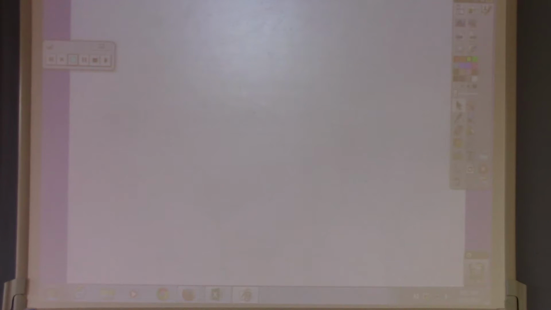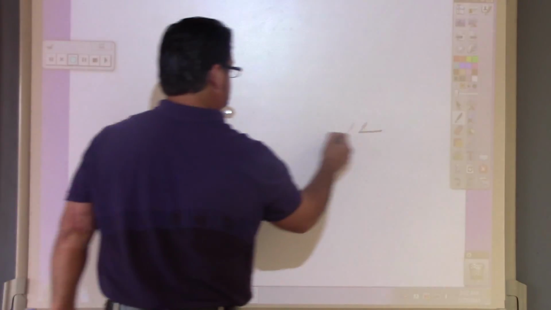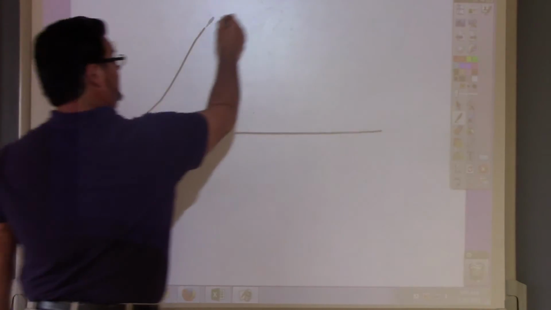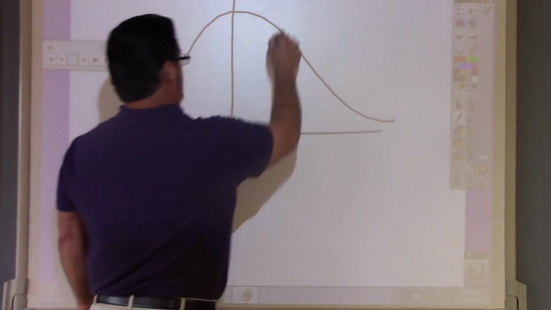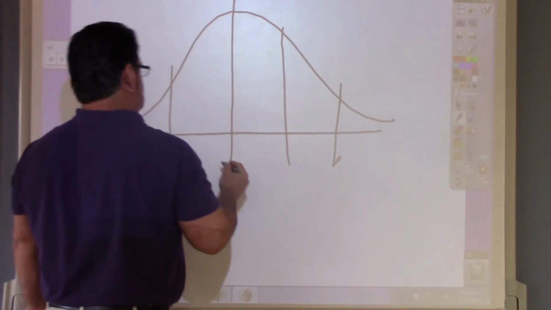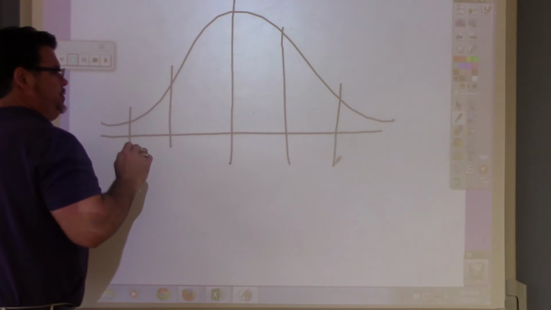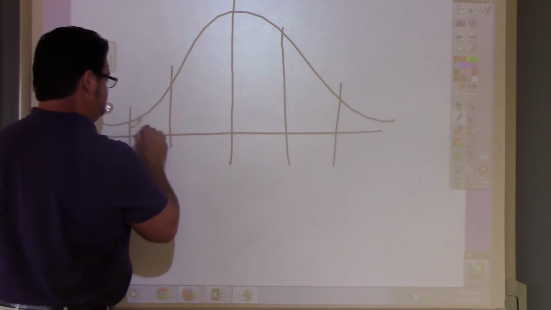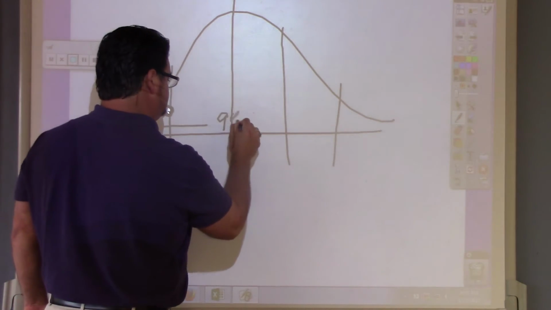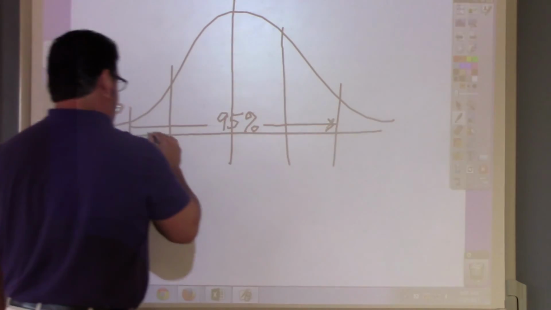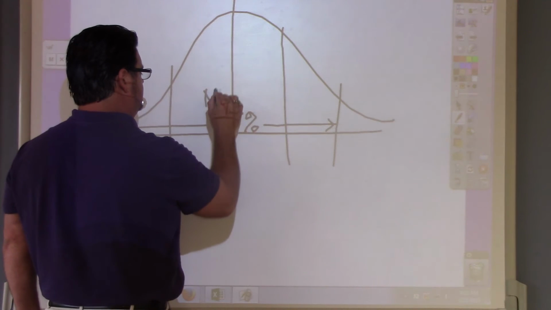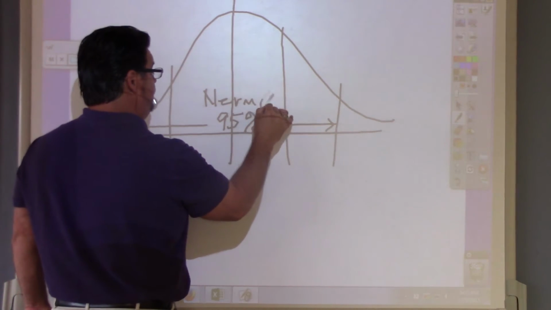So, empirical rule. No sneezing, please. The empirical rule says that 95% falls within two standard deviations. So 95% is normal.